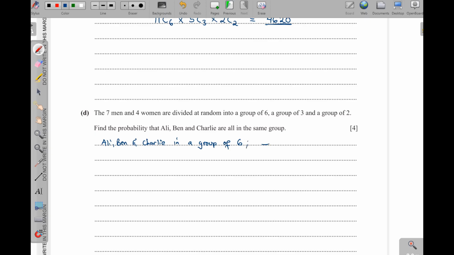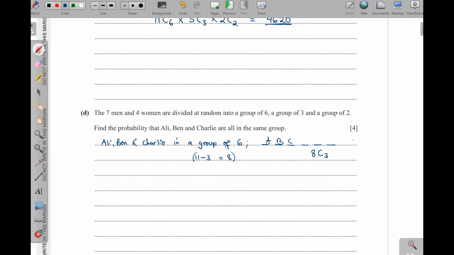So we can have 1, 2, 3, 4, 5, 6. Ali, Ben, and Charlie are already there. Okay? That means we shall get the 11 minus these 3. What are you having? 8. Are we there? So out of the 8, you only need how many people? 3. Do you see that?